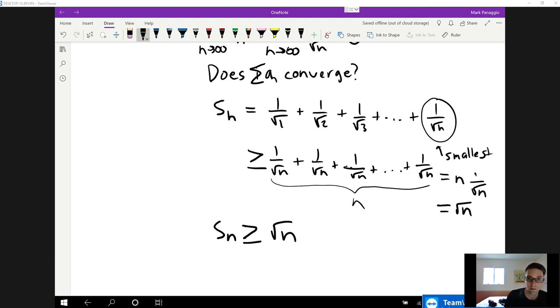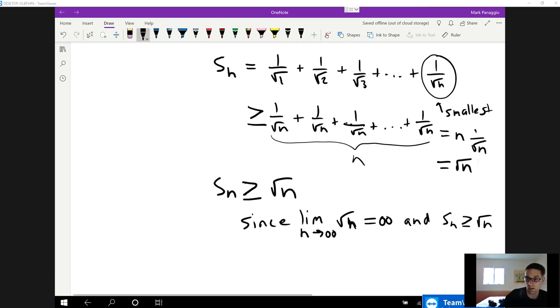Well, what does that mean? If the partial sums are bigger than root n, well, what happens to root n as n goes to infinity? If n is growing, then the radical n is also growing. So since the limit as n goes to infinity of root n is infinity, and S_n is greater than or equal to root n, we know right off the bat, this is a scenario similar to what we discussed earlier in the semester.